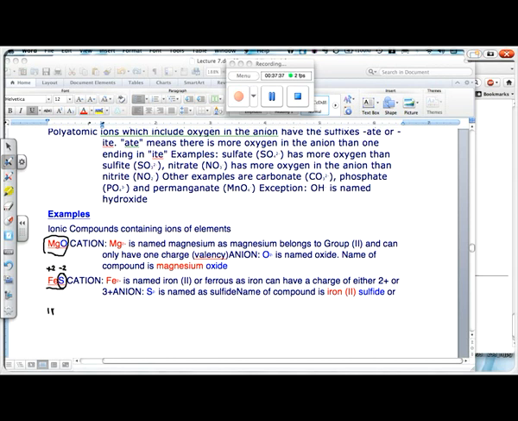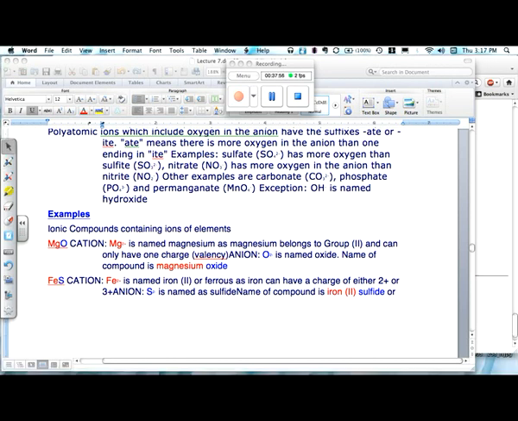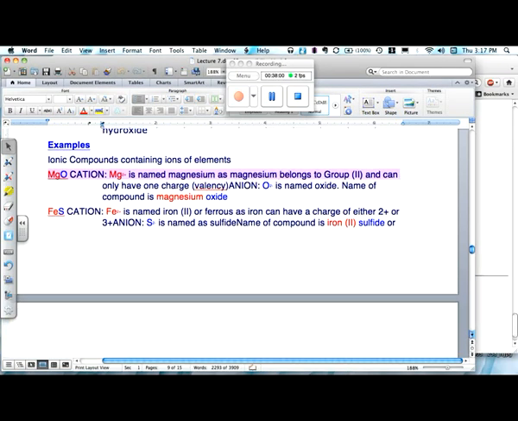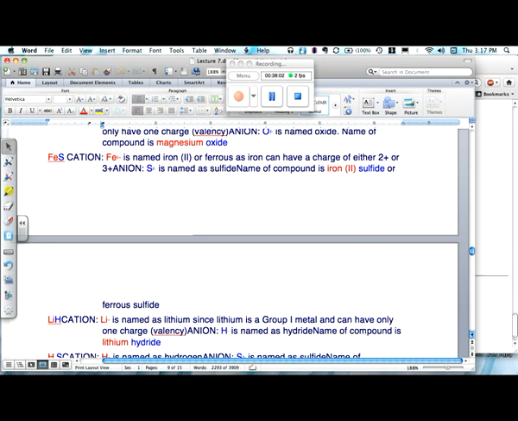So this is iron, Roman numeral 2, and that's for the charge on the iron, sulfide. So you figure out the charges from looking at the negative side first, and then put that charge in the name. All right. But anyway, those are two monatomic ion compounds. Just one, no polyatomics.